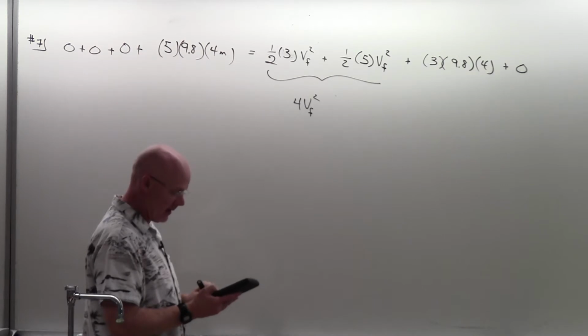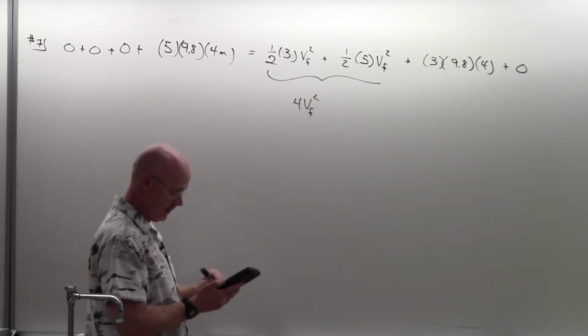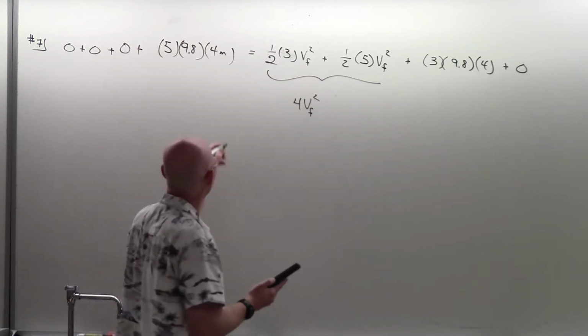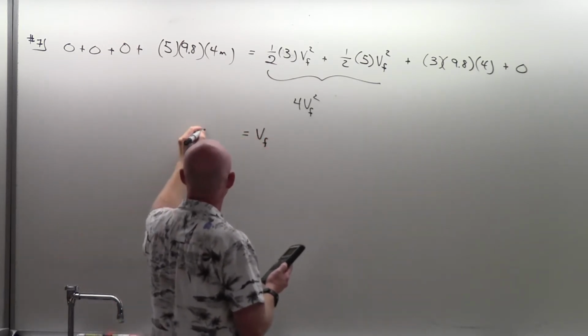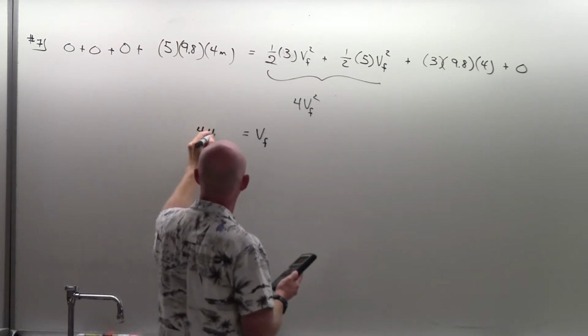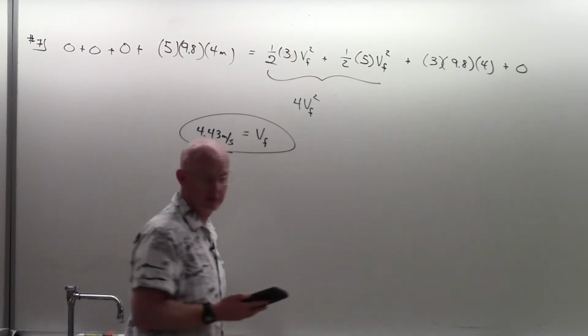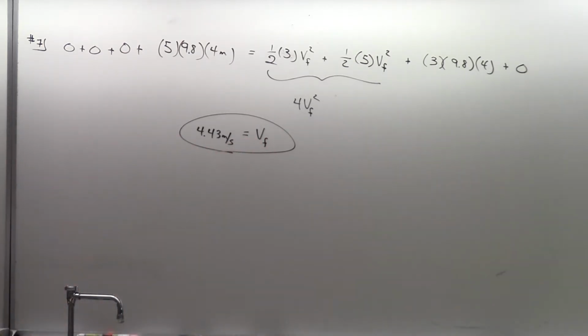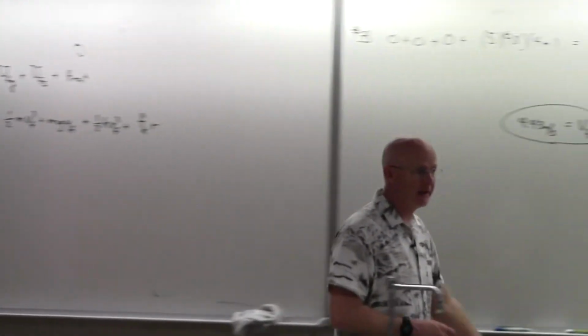Over here, then, I can divide by 4. And then I can take the square root of all of that. And so 4.43 meters per second would be the final speed for that case.